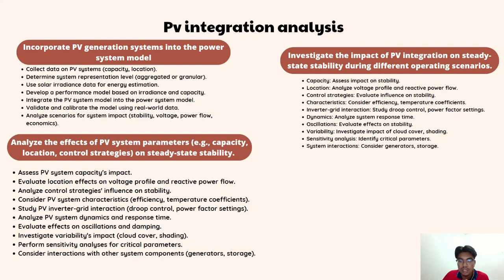Consider system characteristics, including efficiency and temperature coefficients, and analyze their impact. Investigate the interaction between PV inverters and the grid, including control parameters such as droop control and power factor setting. Analyze dynamics, oscillation, and the influence of variability. Perform sensitivity analysis to identify critical parameters affecting steady state stability and consider interaction with other system components.